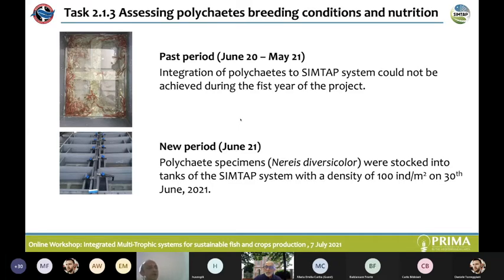Now, polychaete specimens, Nereis diversicolor, have recently been stocked into tanks of the SIMTAP system with a density of 100 individuals per square meter.